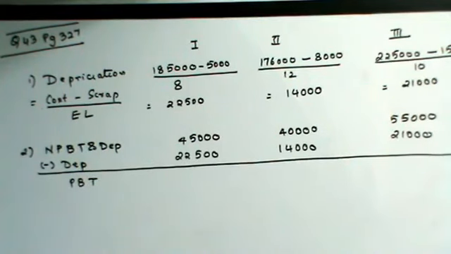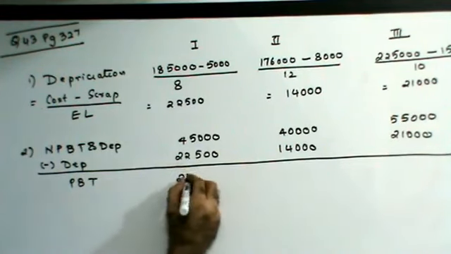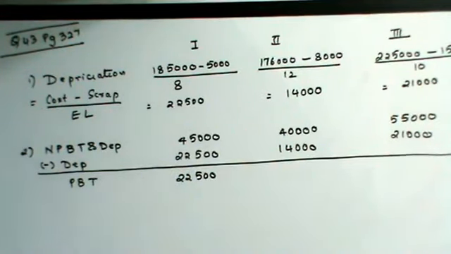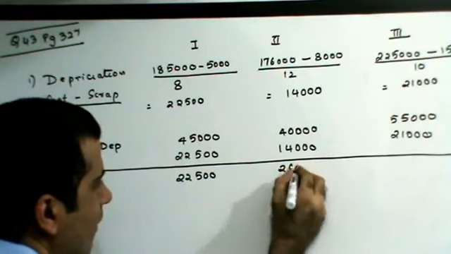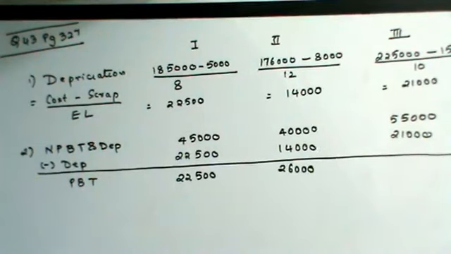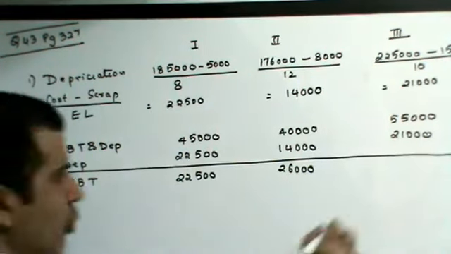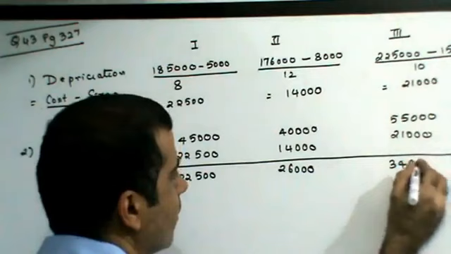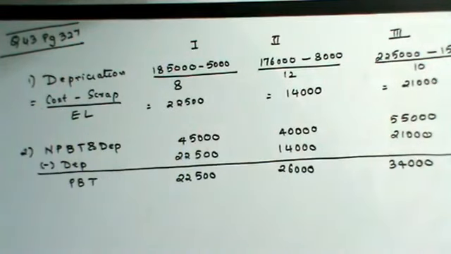So when you deduct 45,000 minus 22,500, you will get 22,500. 40,000 minus 14,000 should give you 26,000. 55,000 minus 21,000 should give you 34,000. Right?